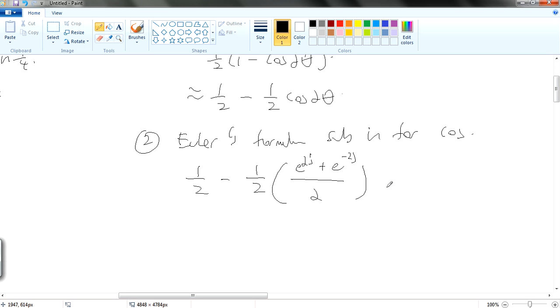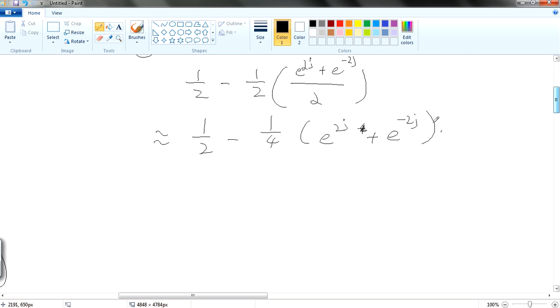And then if we bring it up, this is half minus 1/4 e^(2j) minus 1/4 e^(-2j).